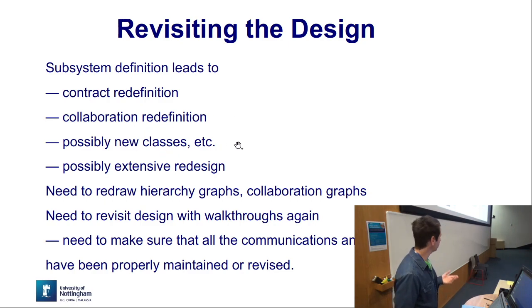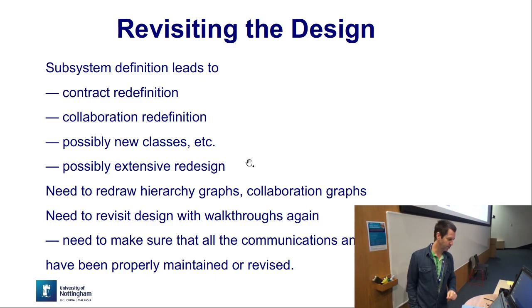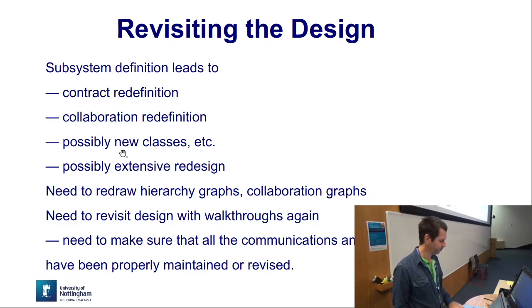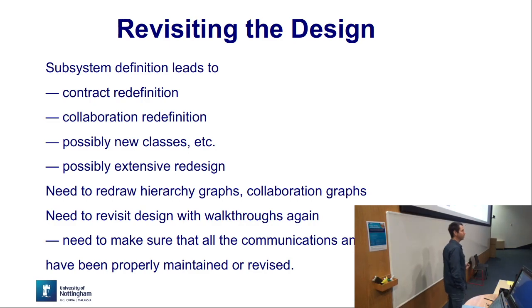So that can cause a kind of chain reaction, so that we really have to update all of the design. So we might need to update the hierarchy graphs, the collaboration graphs for sure. We might even have to redo the walkthroughs that we originally did to make sure that all the communication and collaborations have been updated as a result of these new subsystems.